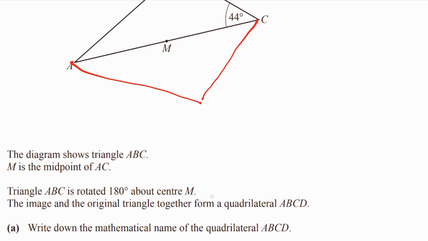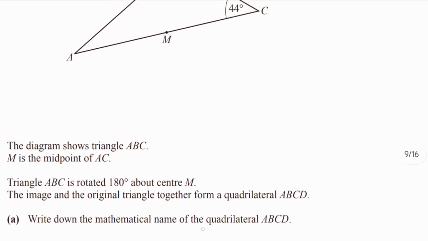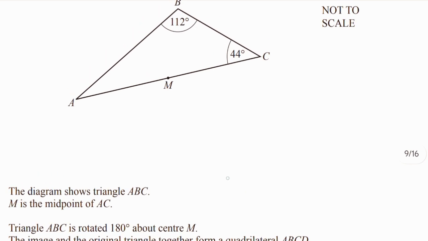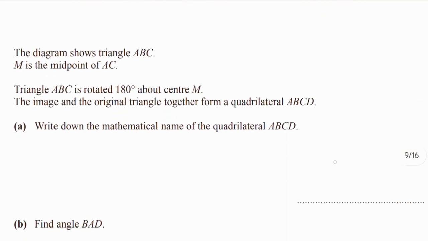So the triangle is rotated 180 degrees about the center. The image and the original triangle together make a quadrilateral ABCD. Okay, write down the mathematical name of the quadrilateral ABCD. Okay, so mathematically it looks like a parallelogram, because alternate angles are equal in such a case.